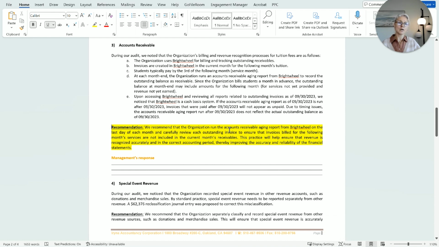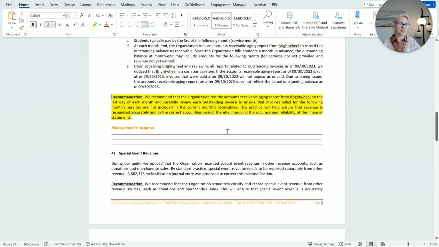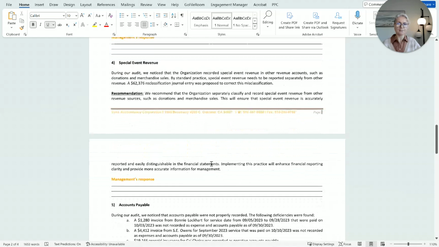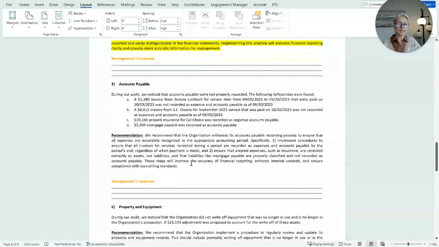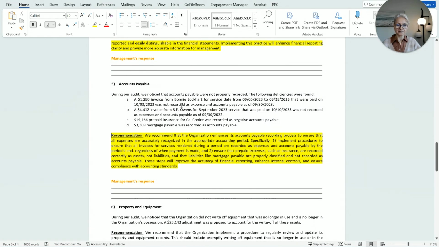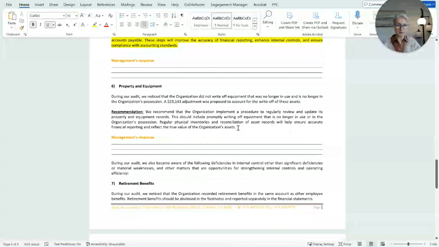But typically in our case, and hopefully for most audit firms, before we put it in the recommendation letter, we already discussed it with the management and they agree with those recommendations. So look at the recommendations, see how they can be addressed, and make sure to implement them, especially if they relate to material weakness and significant deficiency. Work with your bookkeepers so you can pinpoint what needs to be done to fix it.